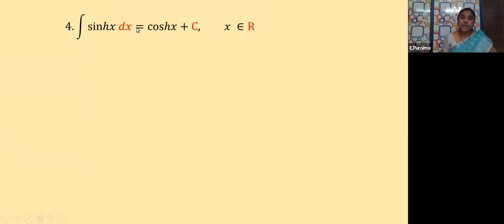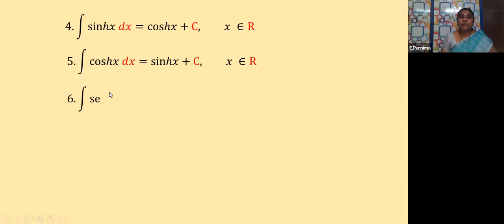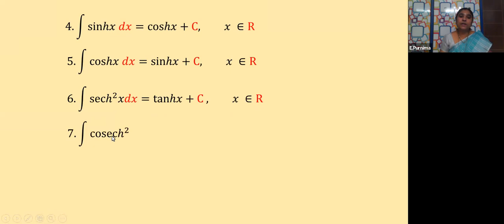Integral of sin hx dx is equal to cos hx plus c for x belongs to R. Fifth one is integral of cos hx dx is equal to sin hx plus c for x belongs to R. Next one is integral of secant h square x dx is equal to tan hx plus c, x belongs to R.